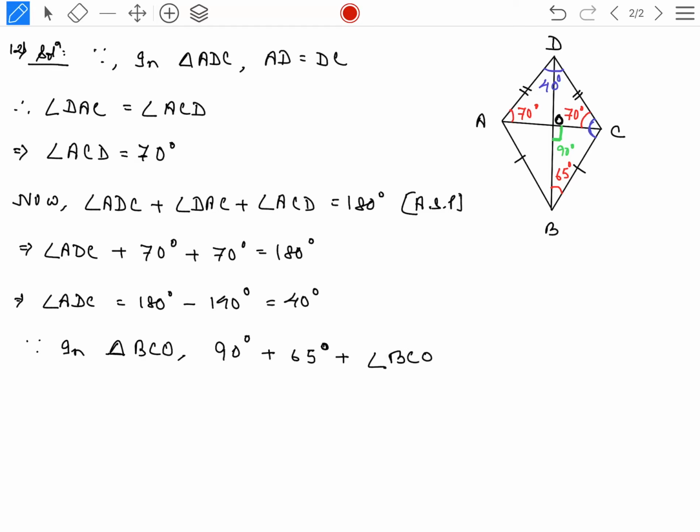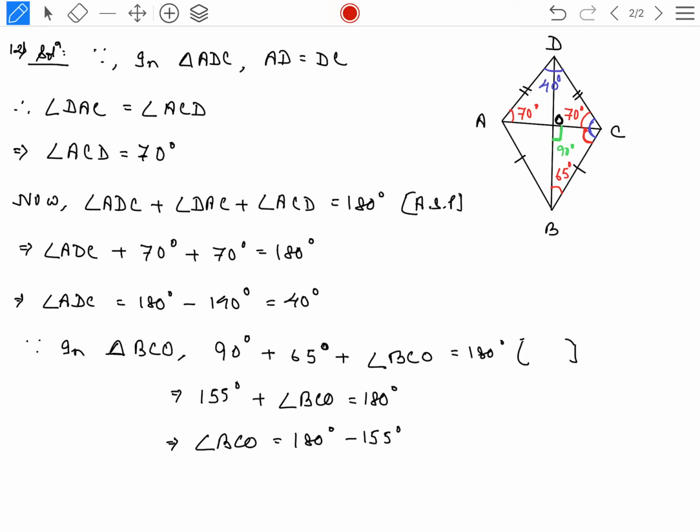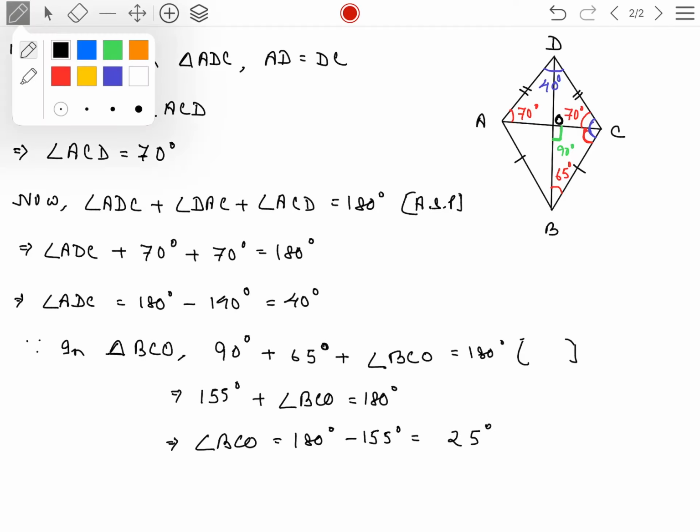Okay, angle BCO means this angle, equals 180. Reason you are going to write angle sum property. So 90 plus 65 is 155, I think. Angle BCO plus 155 is equal to 180. That means angle BCO will be equal to how much? 180 degree minus 155 degree. That is 10 minus 5 is 5. Then 7 minus 5 is 2. 25 degree.